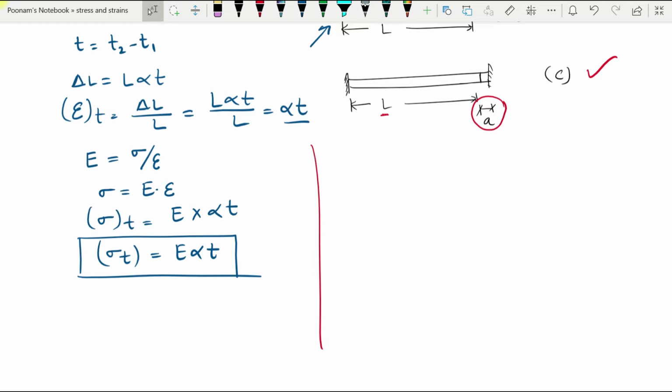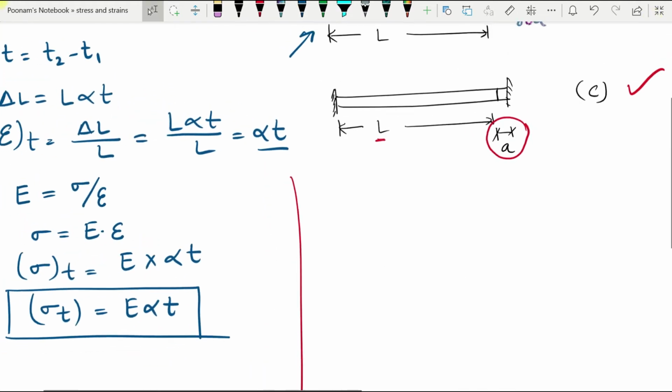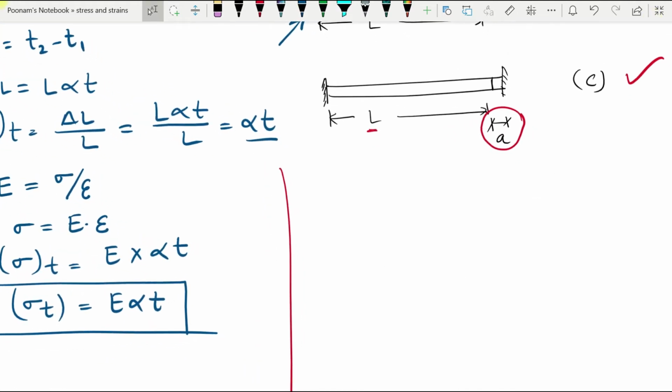So temperature stresses will also develop in this case, and now because the support is yielding here, they are yielding by amount A. So the yielding of support or the allowed expansion is given by A.